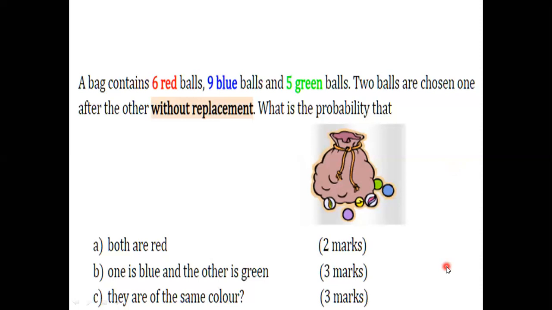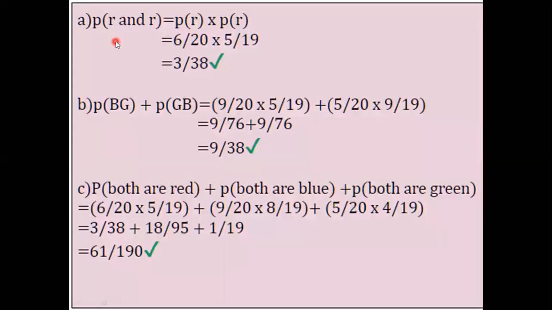Now, the probability of making two selections that are red implies that the first selection is a red and the second selection is a red. So the student had written probability of red and red, meaning first is red, second is red. So we have that as probability of the first being red times probability of the second being red. Now remember that it is without replacement. So the chance of selecting a red ball in the first case is 6/20, and the chance of selecting a second ball that is red is 5/19.